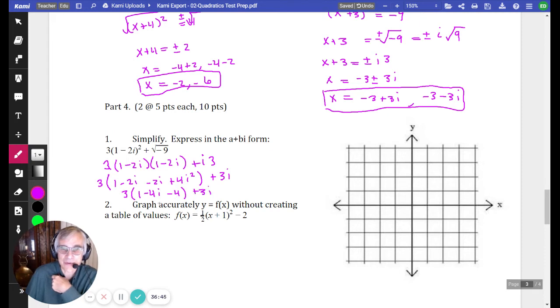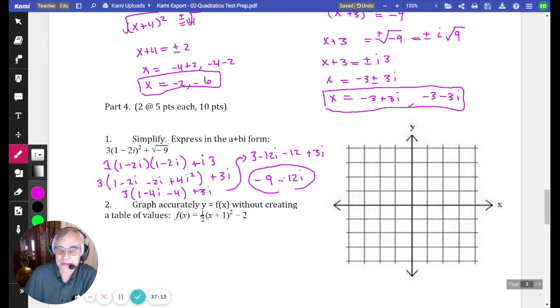And now I can distribute the 3 in here. So 3 minus 12i minus 12 plus 3i. And now I can combine the i terms and the real terms, and we should get -9 minus 12i.